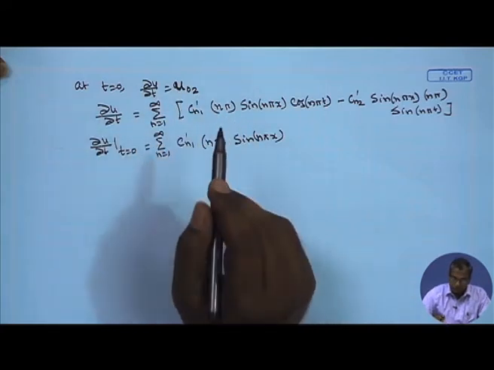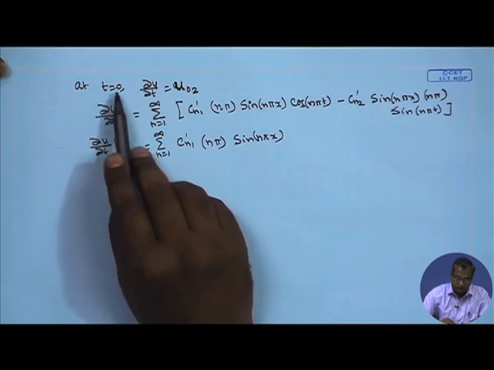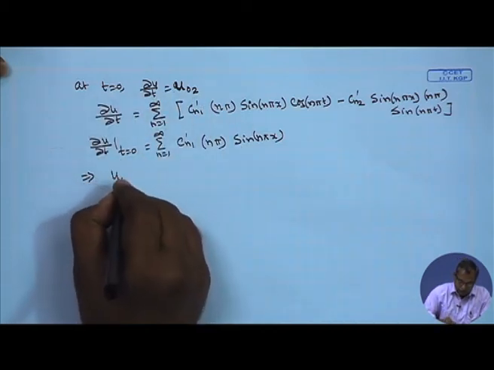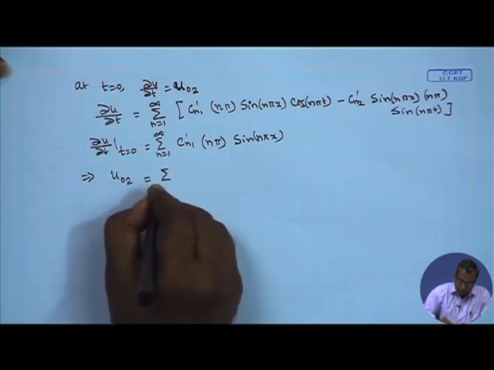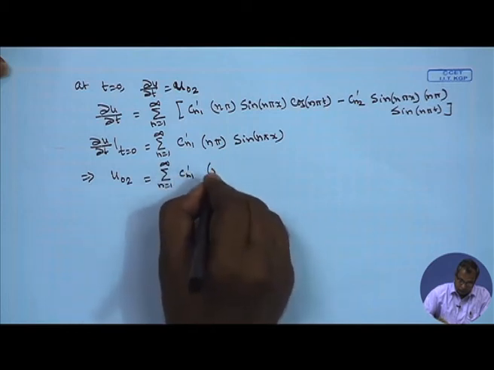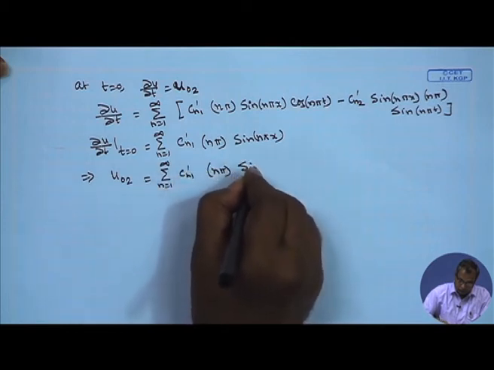If you remember the original initial condition at t is equal to 0, del u del t was u02. So, we write u02 is equal to the summation n is equal to 1 to infinity Cn1 prime n pi sin n pi x.